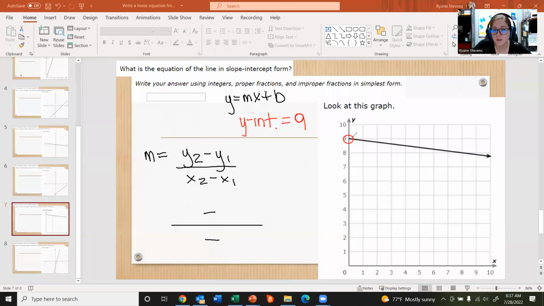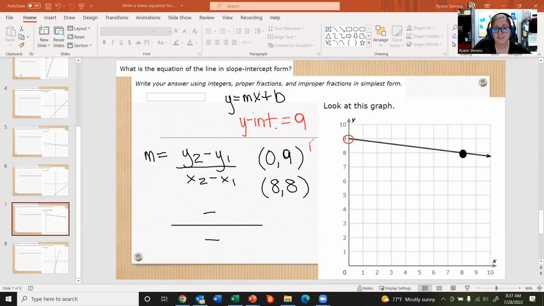And the 2 points I'm going to use are this point, 0 and 9, and then I'm also going to use this point right here, which is at 8, 8.